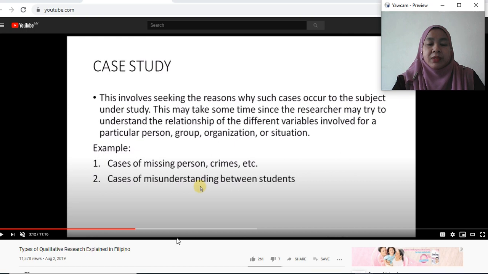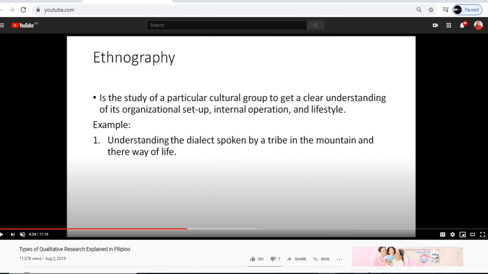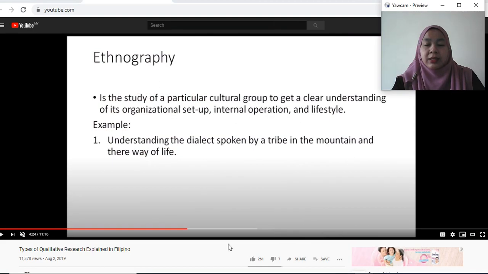Okay, so the second one will be ethnography. Ethnography is the study of a particular cultural group, to get a clear understanding of its organizational setup, internal operation, and lifestyle.